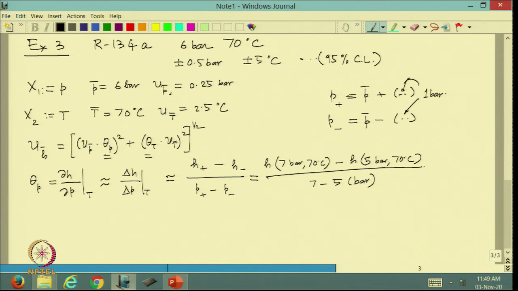We carry out this calculation and the number we get is minus 1.455 kilojoule per kg per bar. These values which I have used came from the tables, and depending on the tables there could be a slight difference in the values that you get.